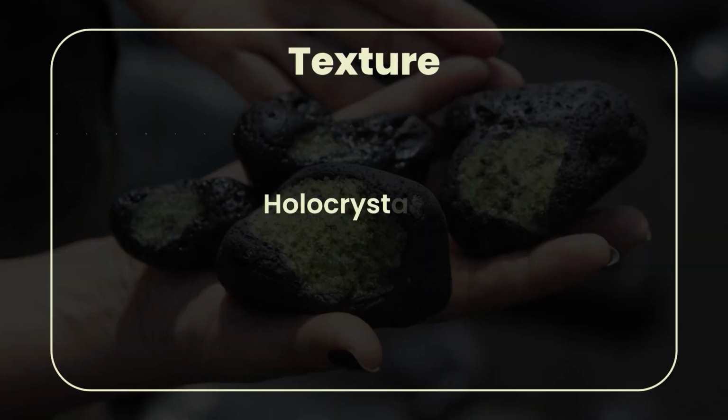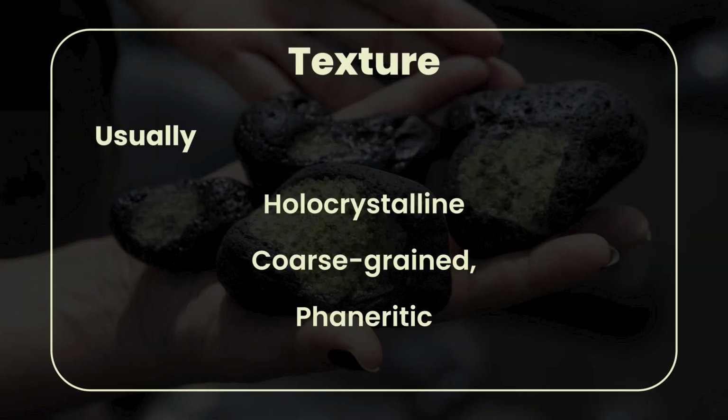Texturally, these rocks are holocrystalline. What is meant by holocrystalline? It means well formed crystals are there, and no magma has solidified without forming crystals. It is also coarse grained.